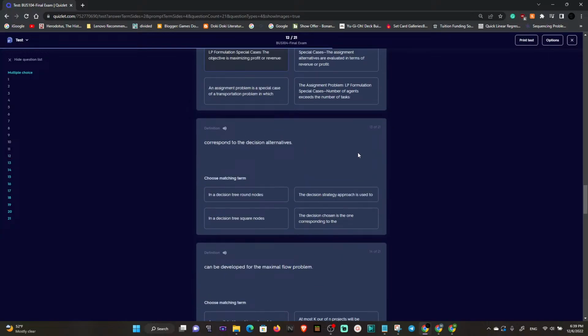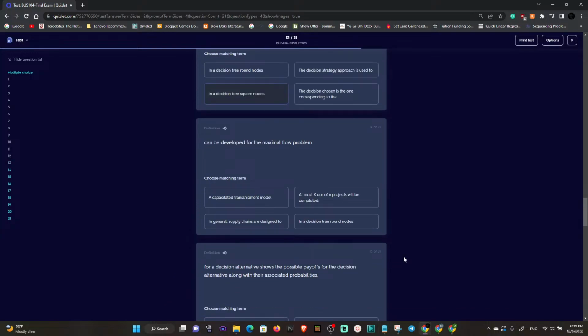Correspond to decision alternatives. Square nodes. Can be developed for the maximal flow problem. Capacity, transshipment model.